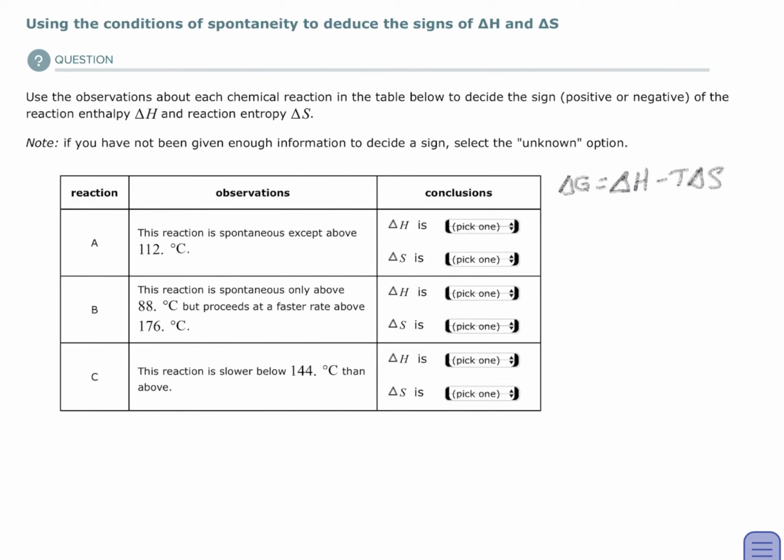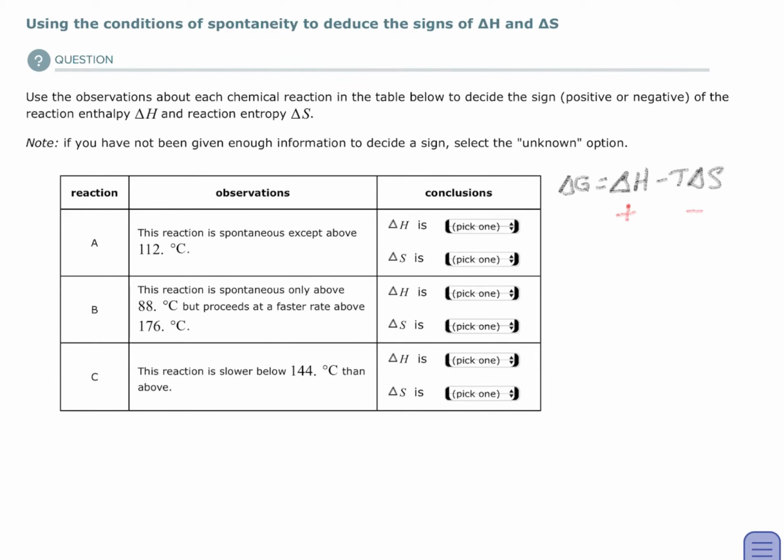What would the other ones need to be in order for G to be negative? Now there are two that are easy and two that are hard. So I'll do the easy ones first. Let's say that my enthalpy, delta H, is positive and my entropy, delta S, is negative. Well, I've got negative T delta S, which means a negative multiplied by a negative, giving me a positive.